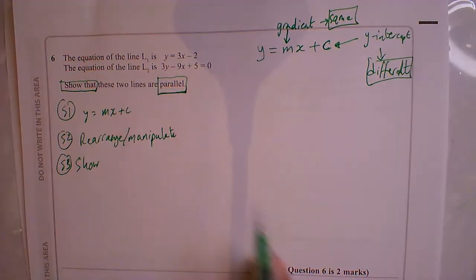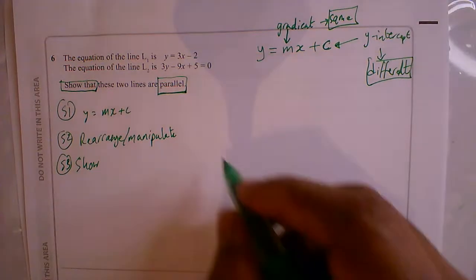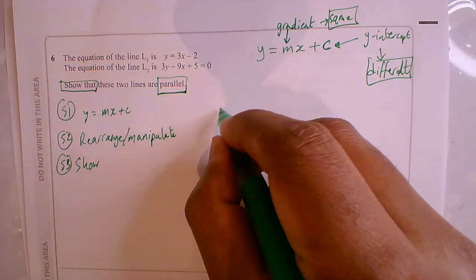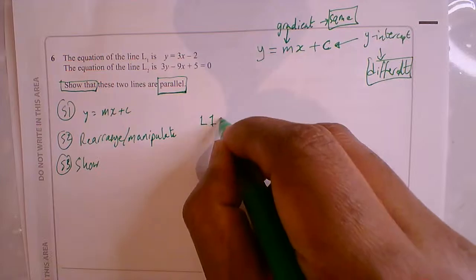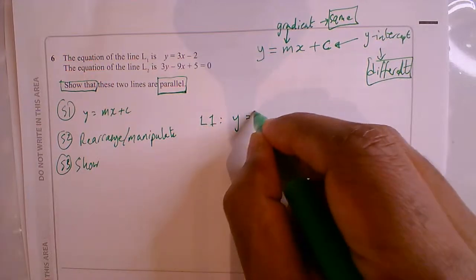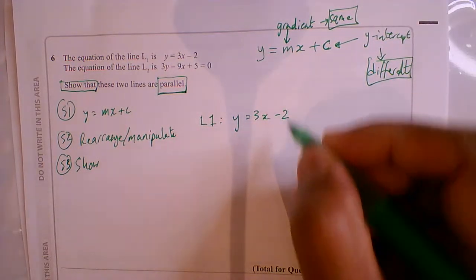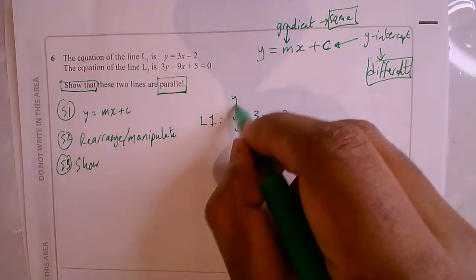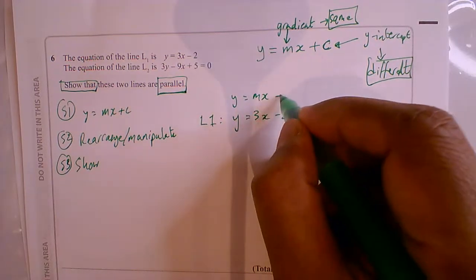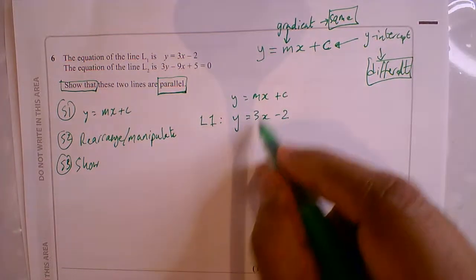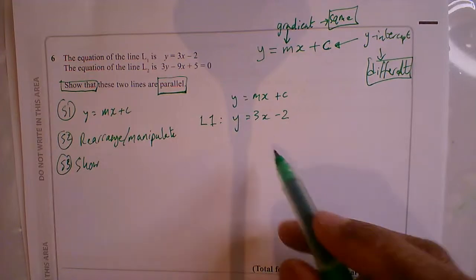So let's look at line 1. Line 1, y equals 3x minus 2. So you've got y equals mx plus c. You can see it's in that format. Now let's look at line 2.